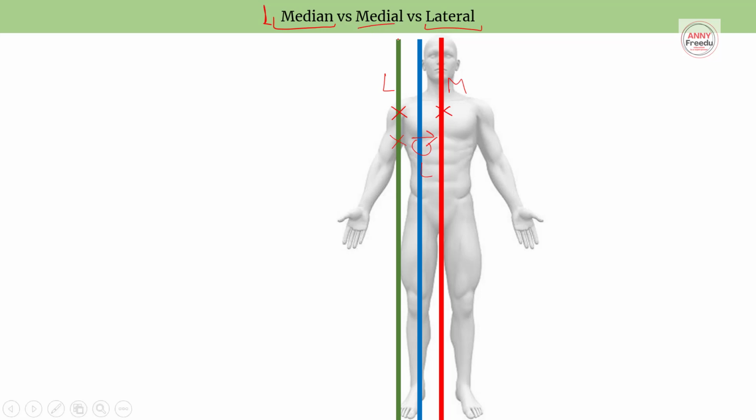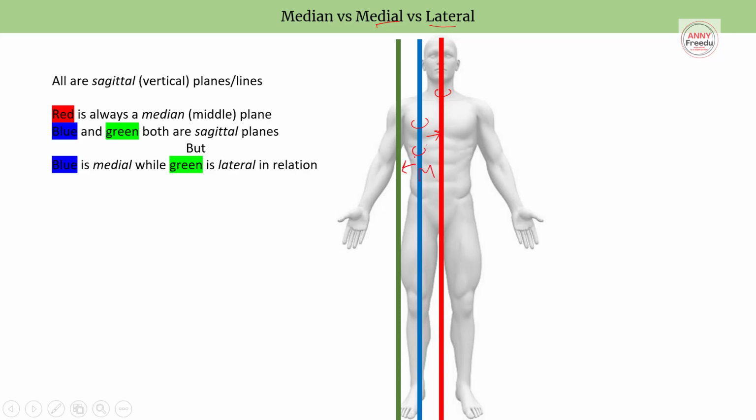So one more time, we have only one median line that is in the center, but other lines in relation to each other can be either medial, closer to the center, or lateral, far from the center. For example, again, the blue line is lateral compared to the red line, but the blue line is medial compared to the green line.